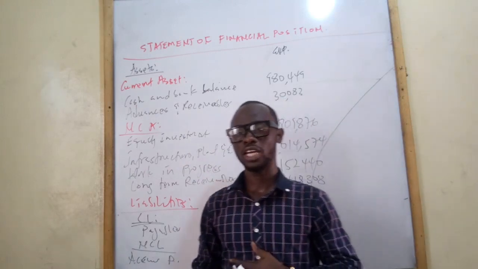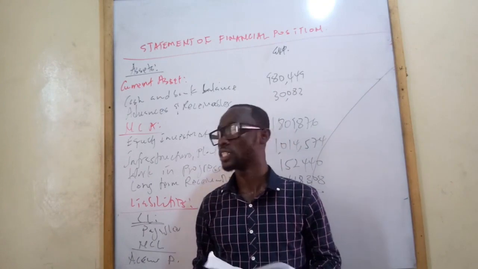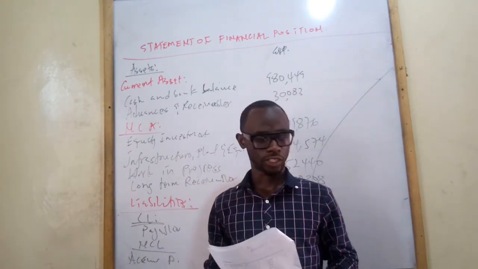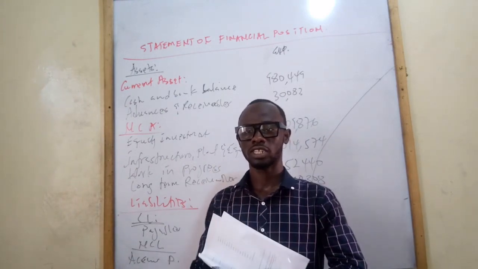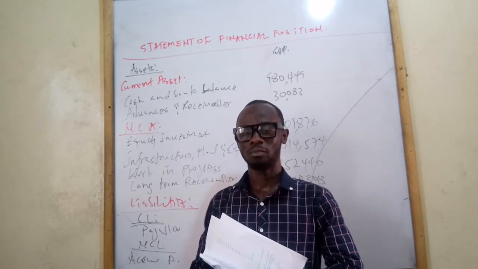It can also be in relation to the central government, and so you just have to be on the lookout as to what has to be revenue and what has to be an expenditure. These are what you must understand when we talk about the preparation of financial statements in the public sector.